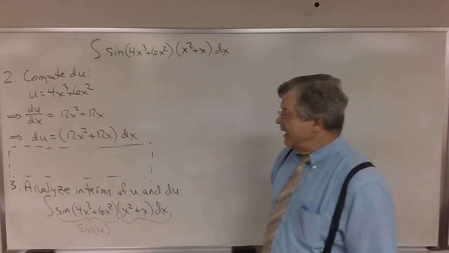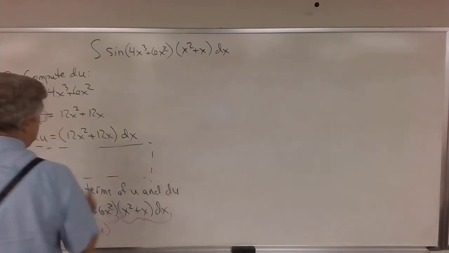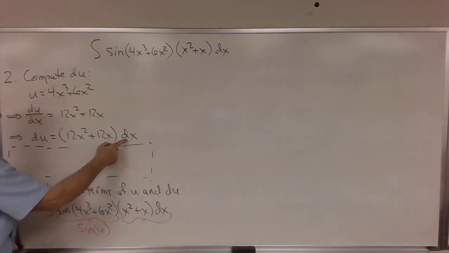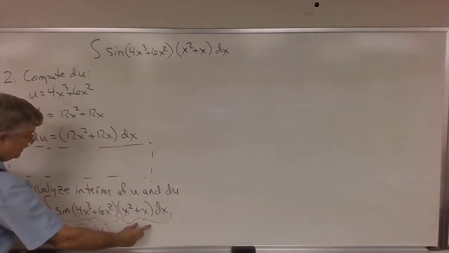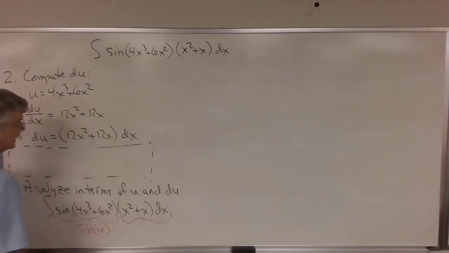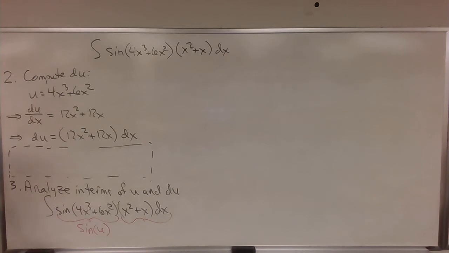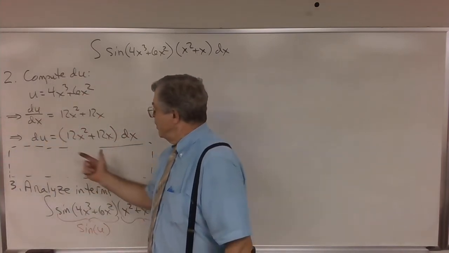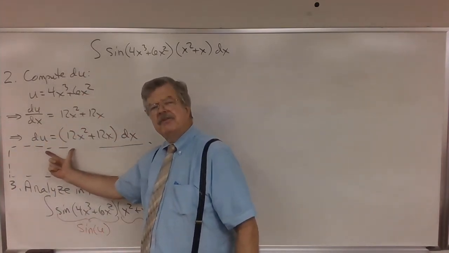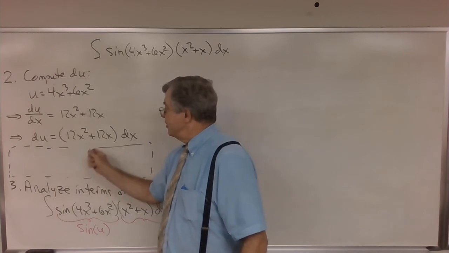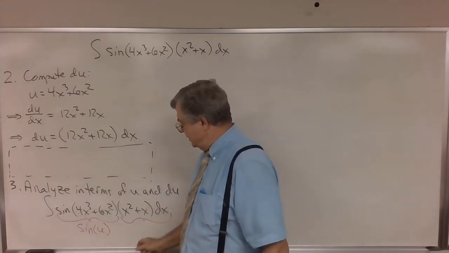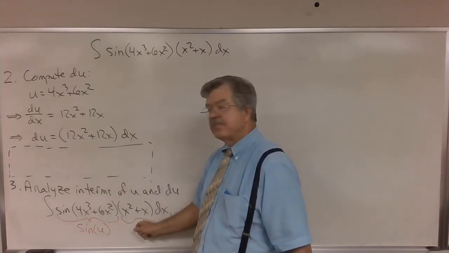And we say, well, we've got 12x squared plus 12x dx. Now that's not x squared plus x dx. And I ask myself this question. What would I have to do to both sides of this equation to make the right-hand side look exactly like that?